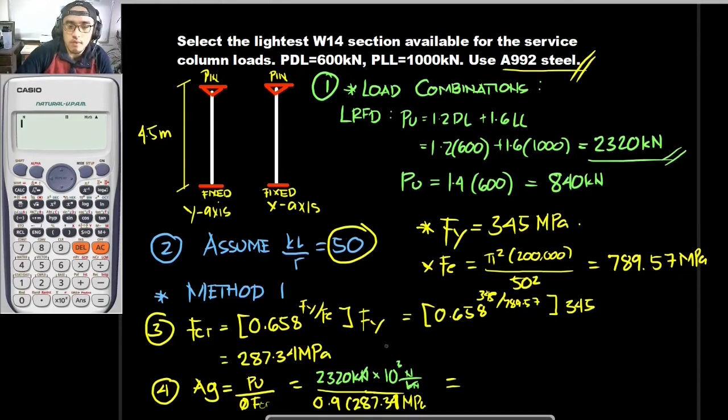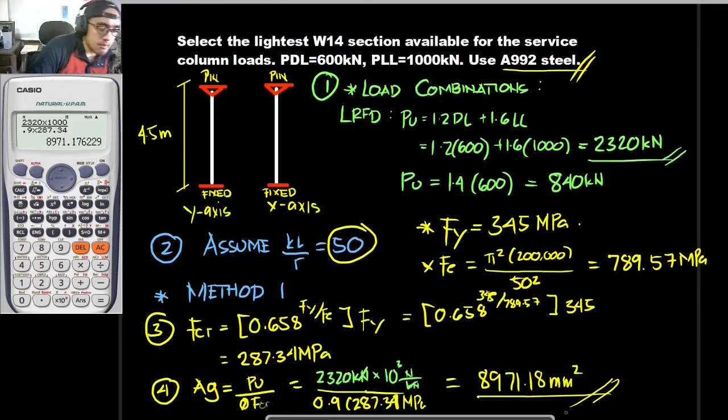Ayan. So solving for our area gross, that is to be 2320 times 1000 divided by 0.9 times 287.34. So our area gross would be 8971.18 millimeters squared.